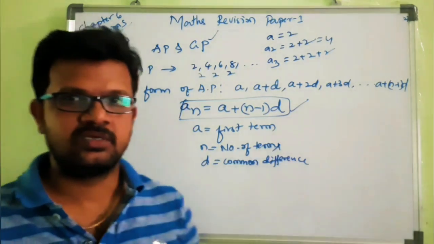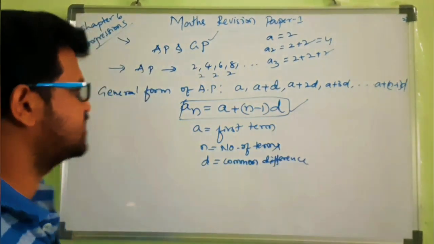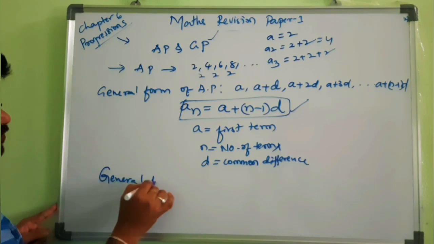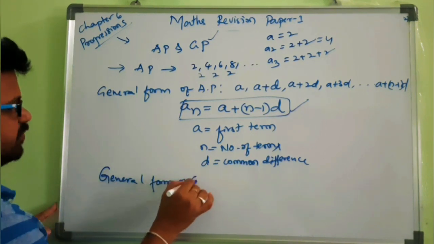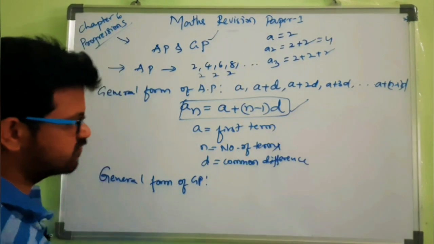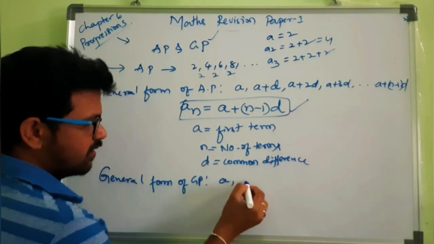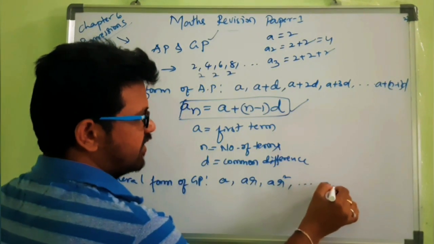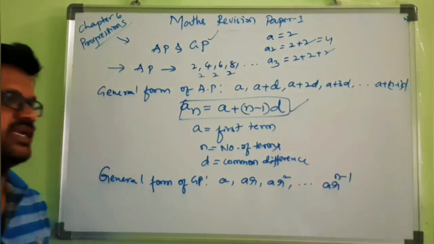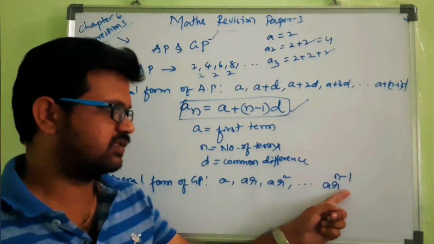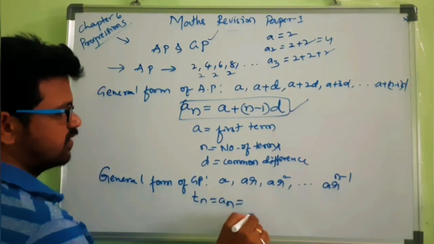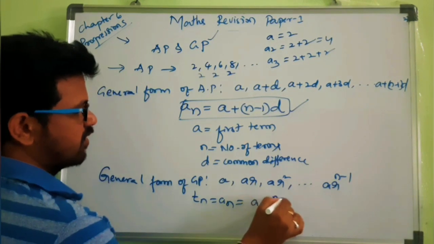Now what is GP? Geometric progression. If there is a common ratio, the general form of GP is A, AR, AR square, and so on, A into R power n minus 1. This is the nth term. An is equal to A into R power n minus 1.